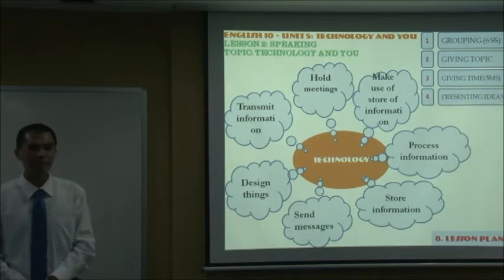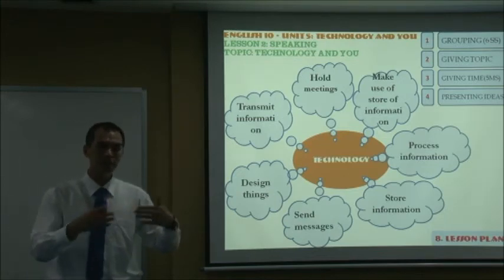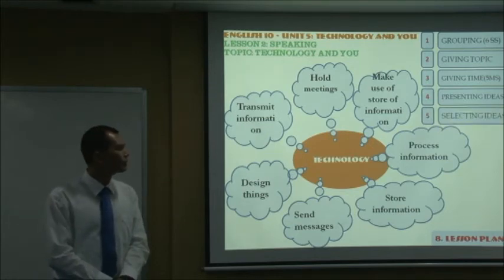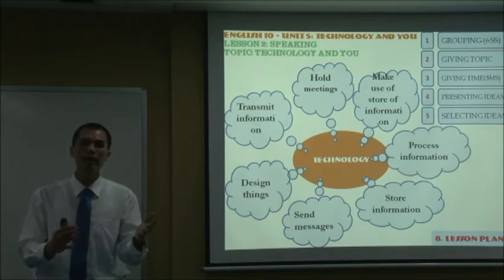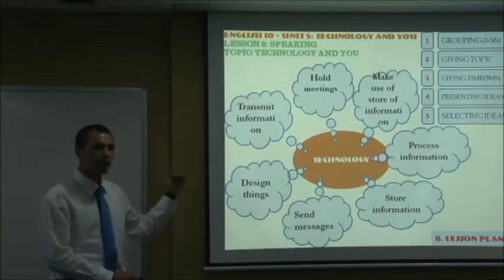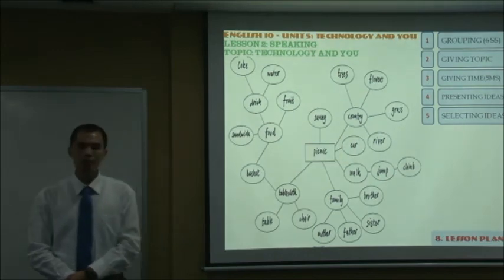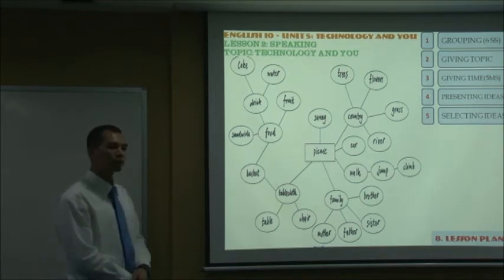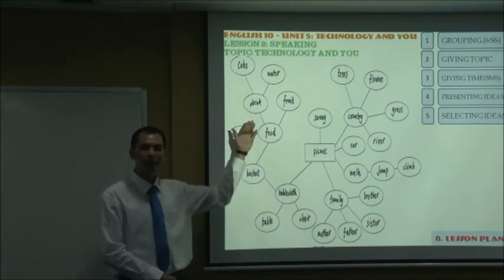After they come up with these ideas, I move to the fourth part, presenting ideas. Students have to present their ideas as written out. The last part is selecting ideas. They have to select the good ideas for their presentation. This is just one kind, and I want to show another. This is a quote from the internet, about the title picnic. There are a lot of ideas here.